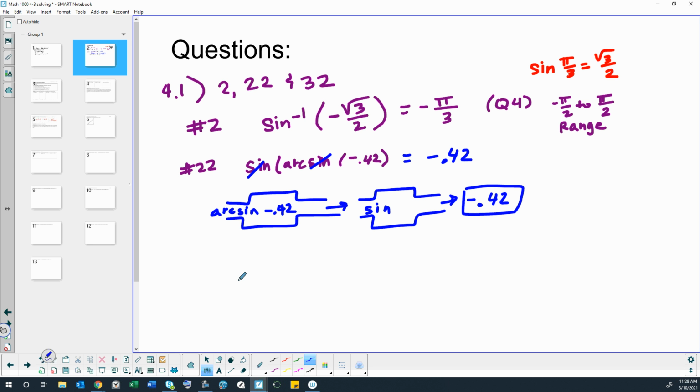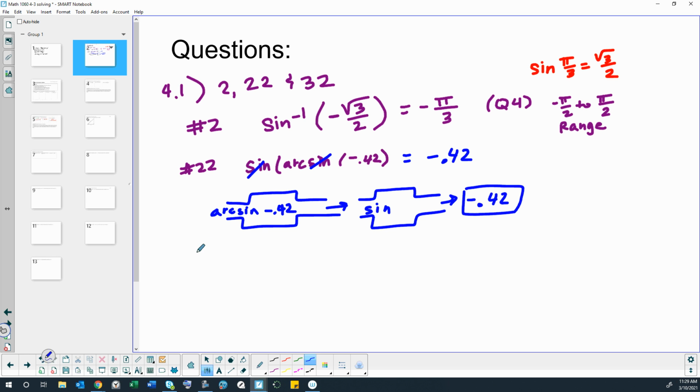But when we get to 31, that's where we have to start being careful, because 31 gives us a quadrant 2 angle, which will come out with a quadrant 1 answer because we're doing the inverse of it. And the inverse is only in quadrant 1 and 4. So 31 is where that little cancel-the-function-and-inverse-function thing stops working properly, because of the order that our functions are in and because of the quadrants.